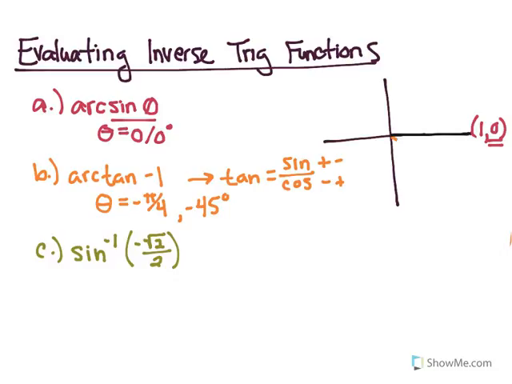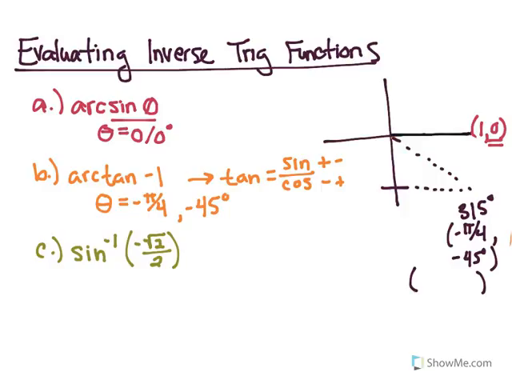So when I look back at the previous problem I just did, at that 315 degree angle mark, aka negative pi over 4 or negative 45 degrees, that is actually where my y value is negative square root of 2 over 2.